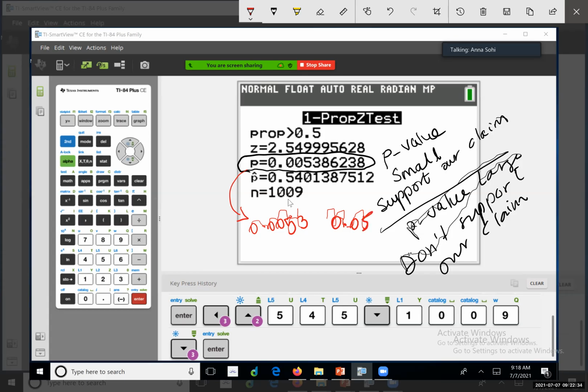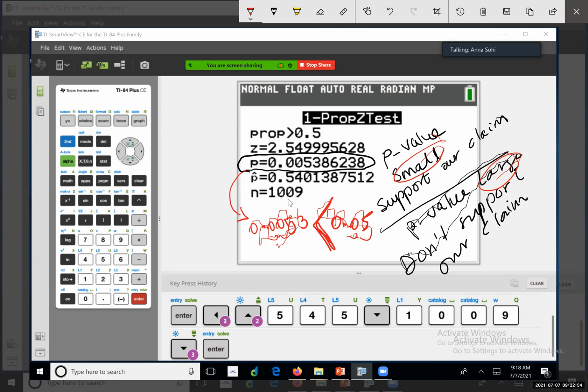If this number is smaller, then we call it small. If this number is larger, we say large. As I said, for comparing decimals, you go digit by digit. This is 0, this is 0. This is 0, this is 5. So yes, the p-value in this case is small.